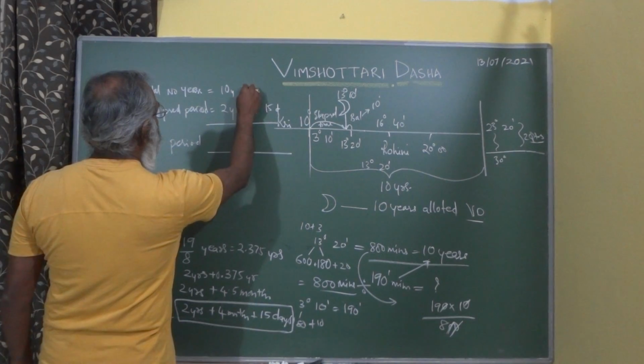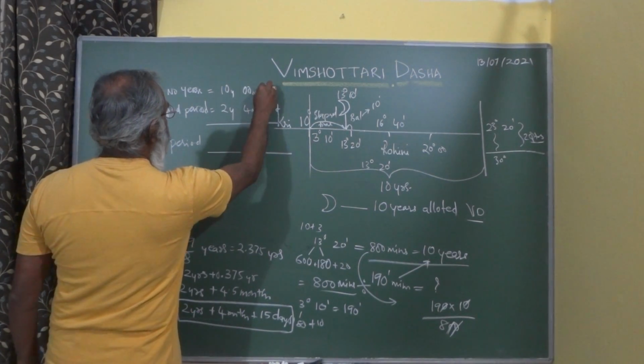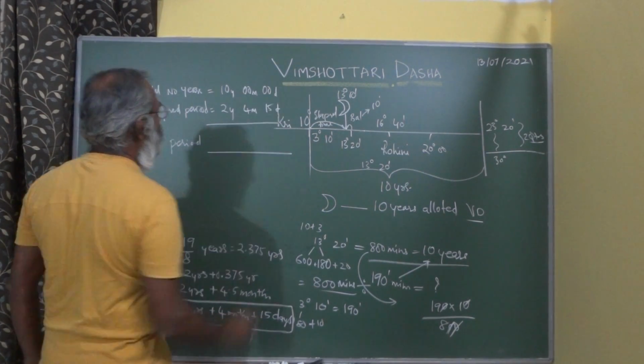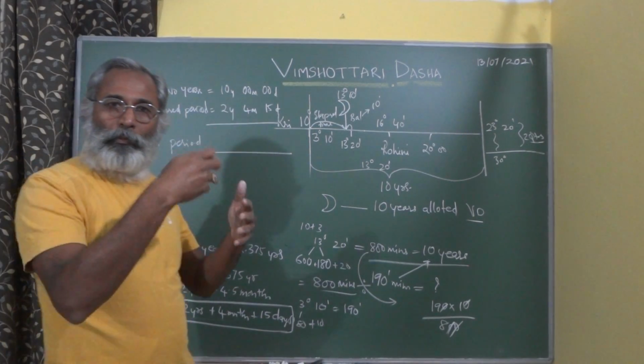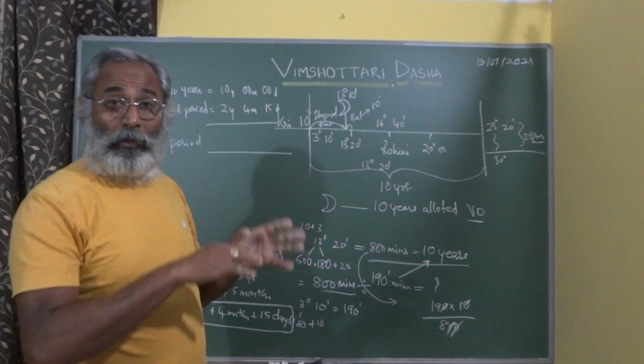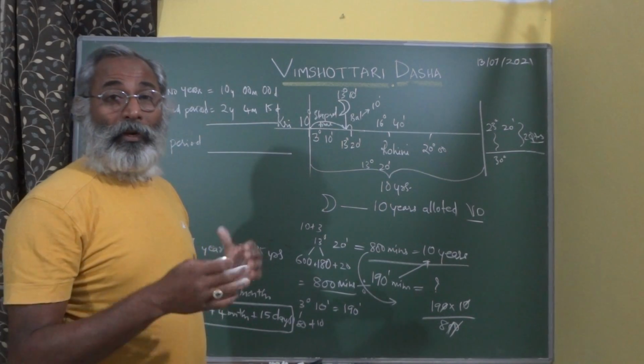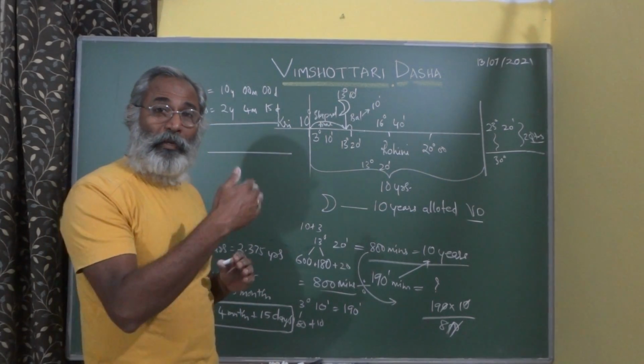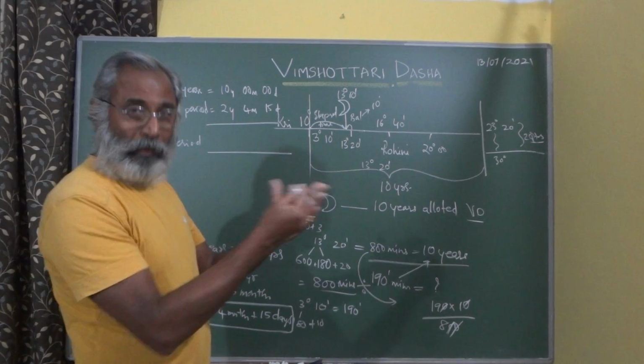10 years, 00 months, 00 days. It is very difficult to remove something from 0 because it is not a decimal system. So when it is not in a decimal system, we need to fill it and then remove.